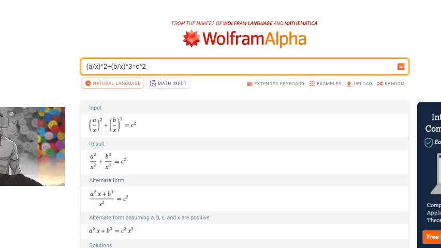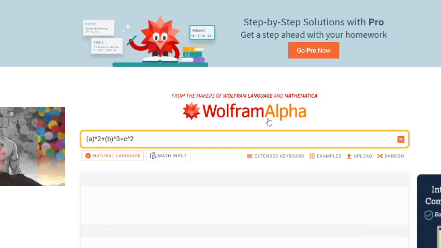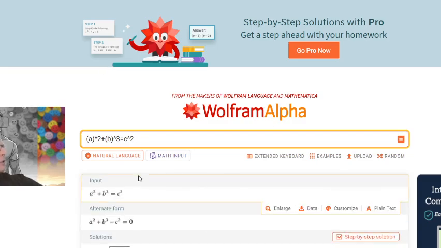So in this particular example, you can see that we've got a over x is lambda in this case, but it's not squared, squared, and squared like we had before. This is a cubed here, right? So in this particular case, let's just delete these to make it look a bit easier, right? Instead of a squared plus b squared is c squared, we've got a squared plus b cubed is c squared.